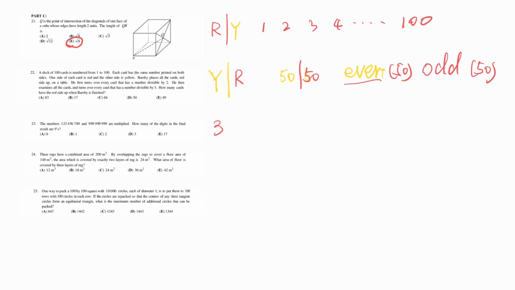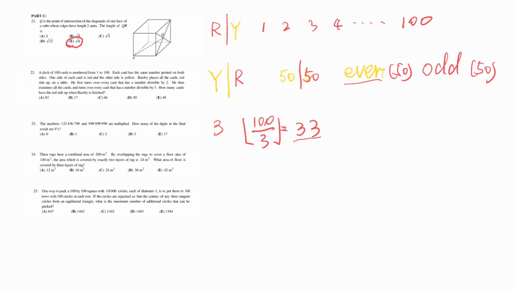Divisible by 3 numbers from 1 to 100. We use 100 divided by 3, take the floor, that's 33. So the total is 33 numbers.